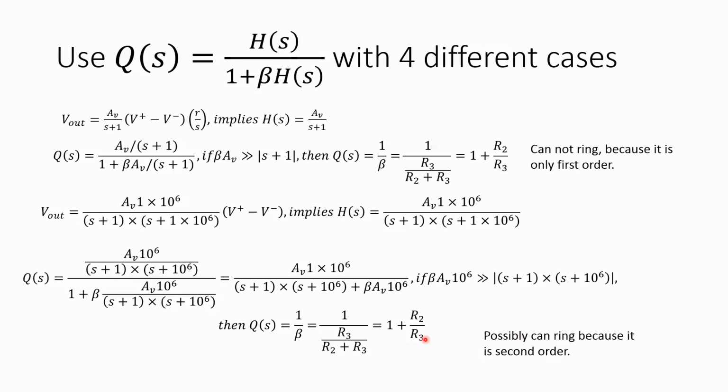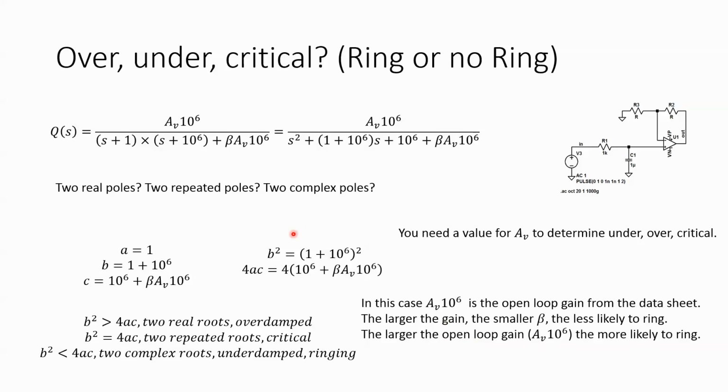Now, can this ring? Well, it's second order, so it possibly could be an underdamped system, and we'll have ringing. Let's investigate the conditions for that. So is it over, under, or critical? Ring or no ring? So here's our transfer function, and I'm going to put it into standard polynomial format. So I have S squared times 1 plus 10 to the 6th.